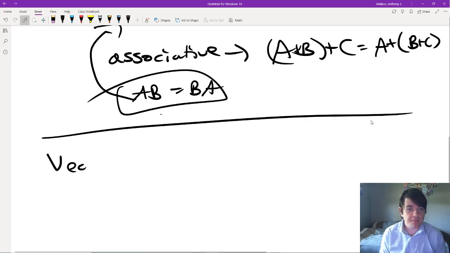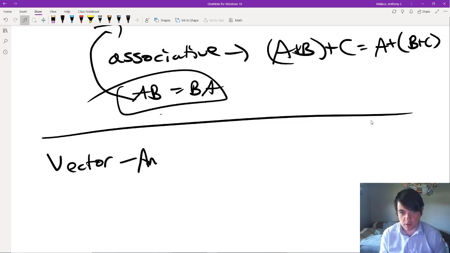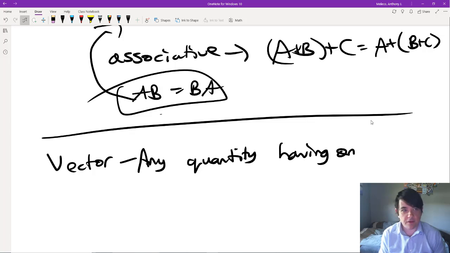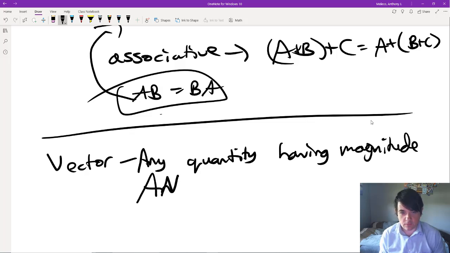But then I've slowly been introducing this term of vector. A vector is any quantity having magnitude and direction.